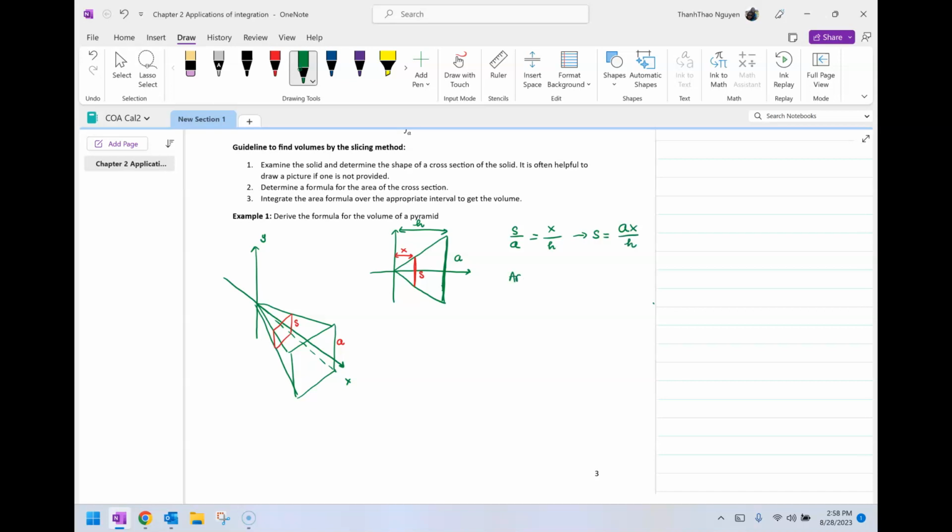So then the area of the cross section is s squared, equal to (a over h) squared times x squared. And to find the volume, I will take the integral from 0 to h of the area of the cross section.